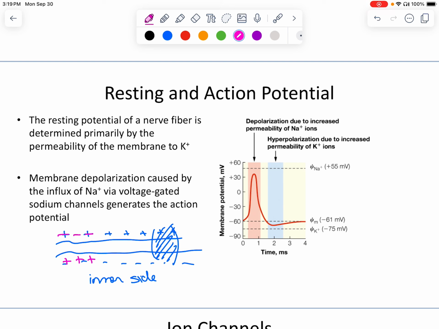This will open up some other channels for sodium to flow in or out, right? Because if you've got a ton of sodium on one side, when you open a channel, it's going to naturally flow towards that negative charge. Or a channel for potassium.